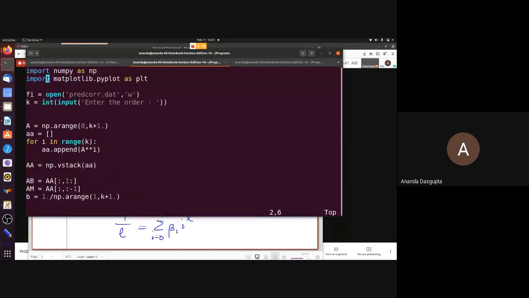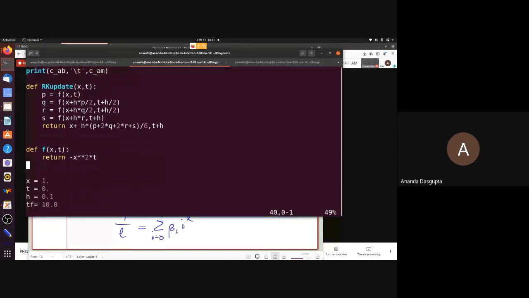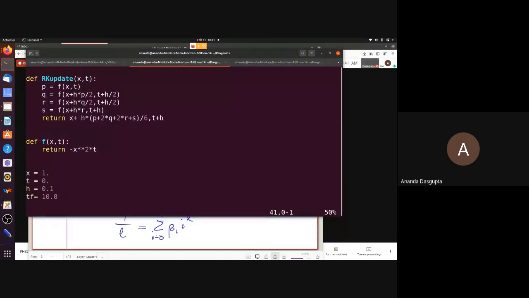It's another longish code because it does several things. Ignore the first part for the time being. The actual work starts here. Of course, you have to import NumPy and all these other standard bookkeeping stuff.